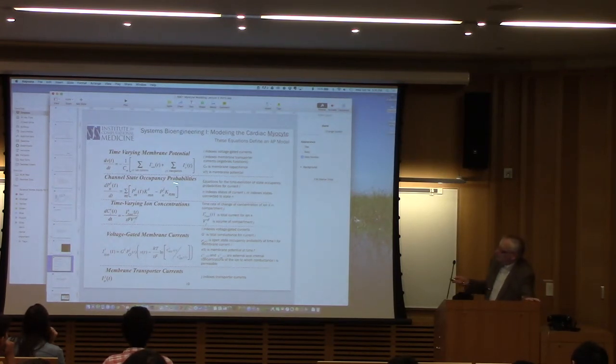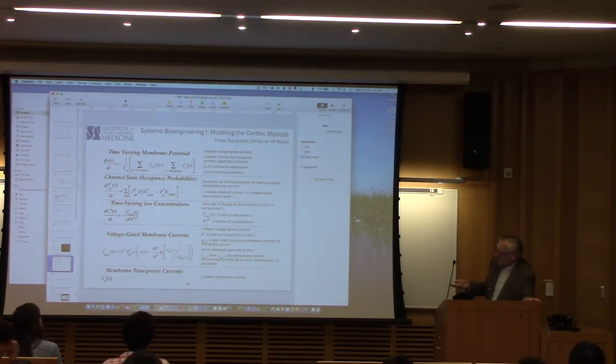So we then have the family of equations that arise from modeling the voltage-gated ion channels that are present in the cell. We have the complement of equations that arise from modeling time-varying ion concentrations in the cell. We have equations, the form of which we've already worked through, that give current through a voltage-gated ion channel when it's in the open state.